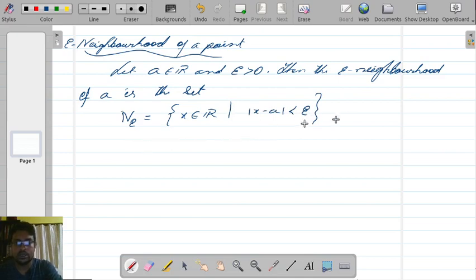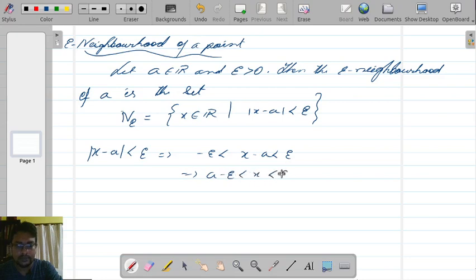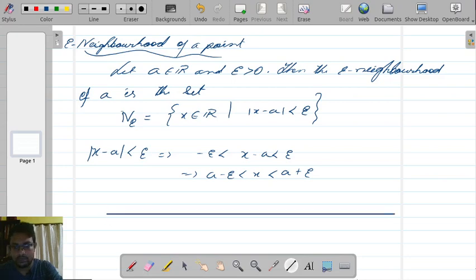By the properties of modulus that we have done, we know that mod of x minus a less than epsilon actually means that minus epsilon is less than x minus a, which is less than plus epsilon. So that is a minus epsilon is less than x less than a plus epsilon. So this set, the epsilon neighborhood, is basically the set of all those real numbers which lie between a minus epsilon and a plus epsilon.